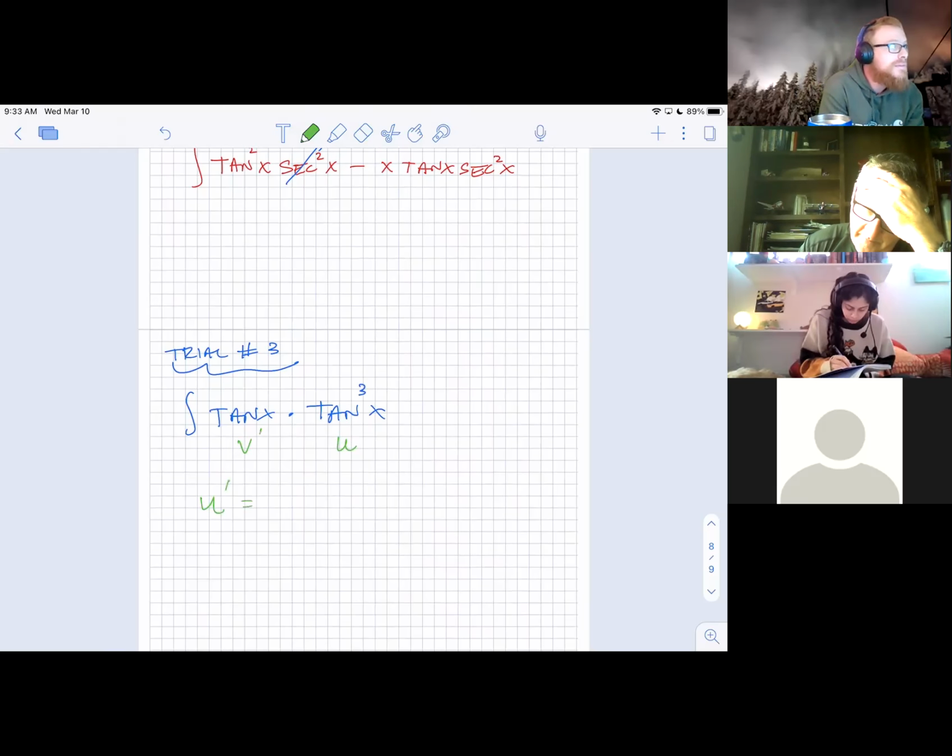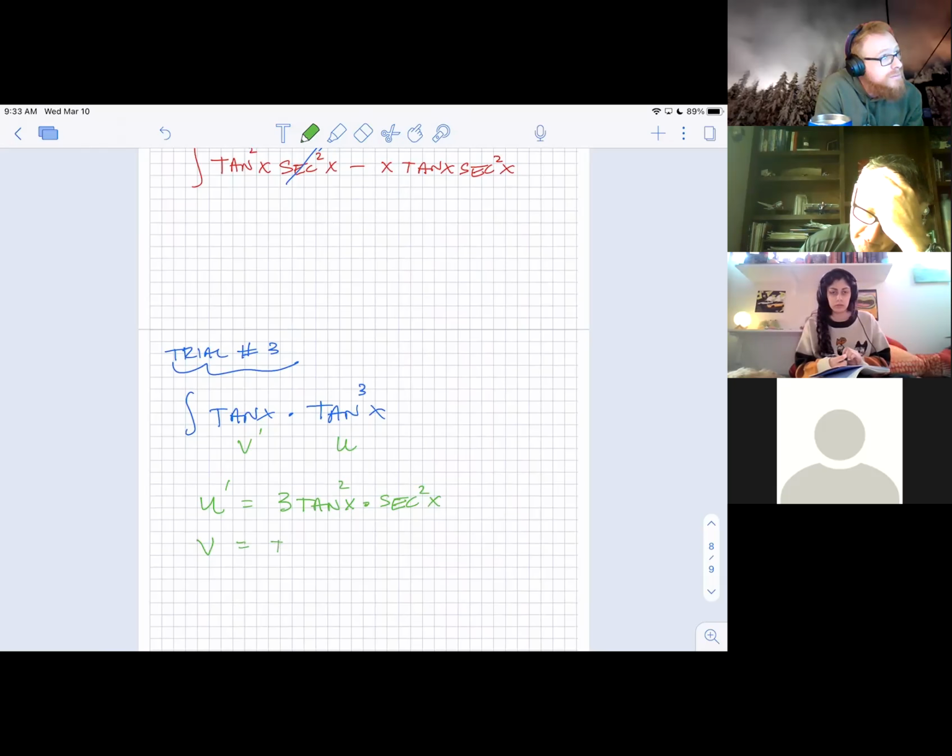So the derivative of junk cubed would be 3 times the junk, reduce the power of that, and then times the derivative of the junk. Derivative of tangent is secant squared. So that's kind of ugly. And then v would be the integral of tangent, which we said before was tangent of x minus x.